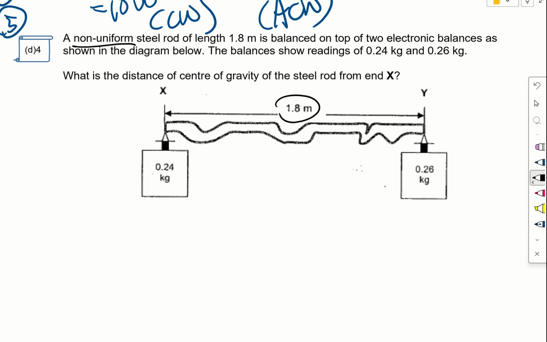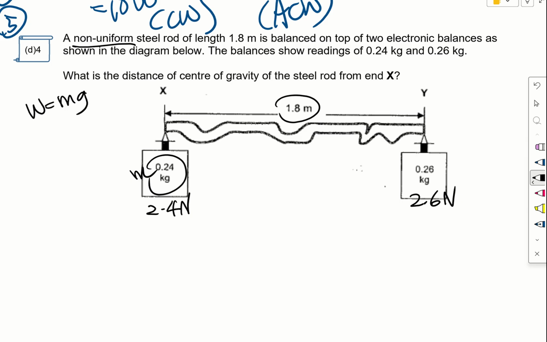So we see that at NX it is 0.24 kg, and that means it is having 2.4 Newton. How do I get 2.4? 0.24 multiplied by g. W equals mg, so multiplied by 10, I'll get 2.4 Newton. Similarly, on NY, I have 2.6 Newton acting down on the scale.